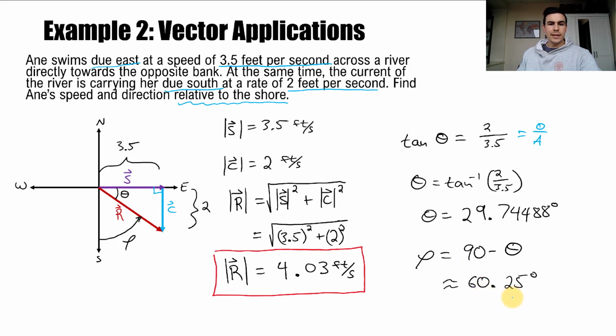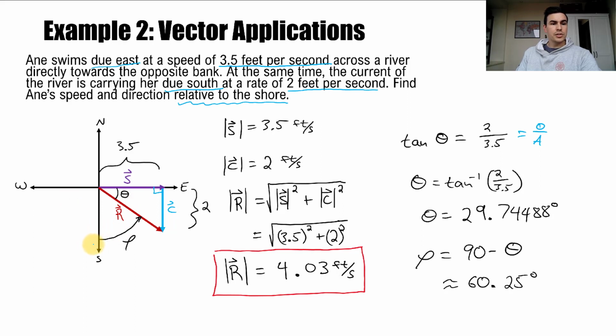And I don't want to just leave it like this, because we're working with bearings and directions here. How can I represent this 60.25 as a quadrant bearing? You remember how to do that, hopefully, from our last video. With a quadrant bearing, we start either on the north or south line, and then we go either east or west, so counterclockwise or clockwise.